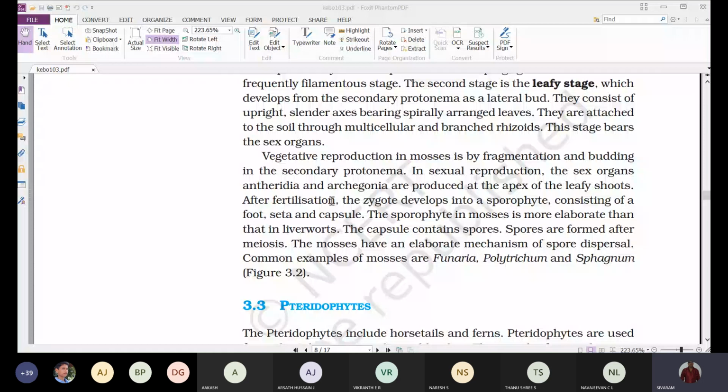Next, the sporophyte in mosses is more elaborate than that in liverworts. That means the structure of the sporophyte is a little more advanced, or better developed, when compared to liverworts. The capsule contains spores.